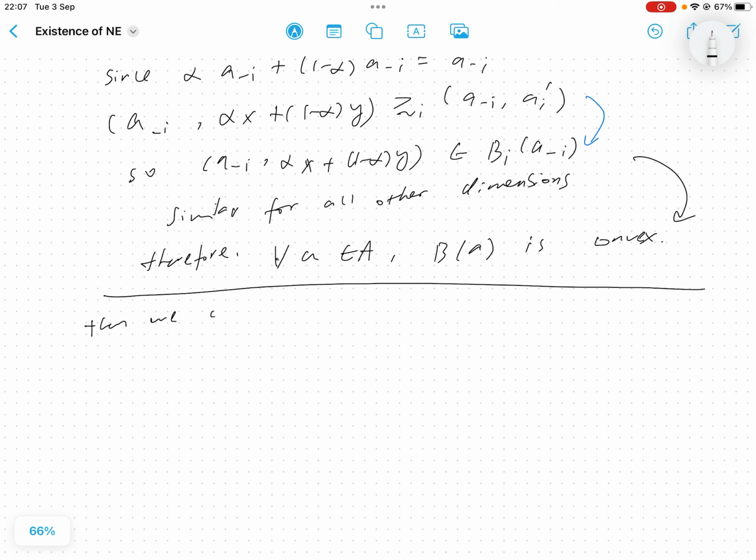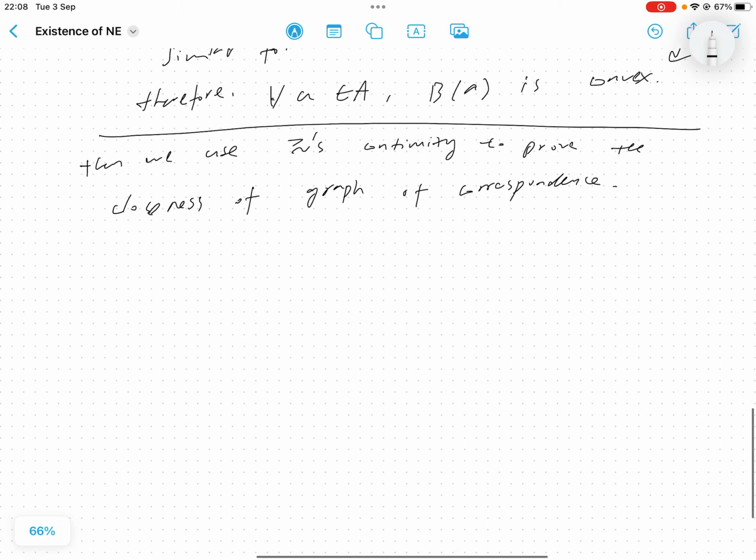And then we use this preference relation's continuity to prove the closedness of the graph of the correspondence. Okay. So basically, whenever we're talking about the continuity, we're going to prove by the limits, right? The sequences and the limits.